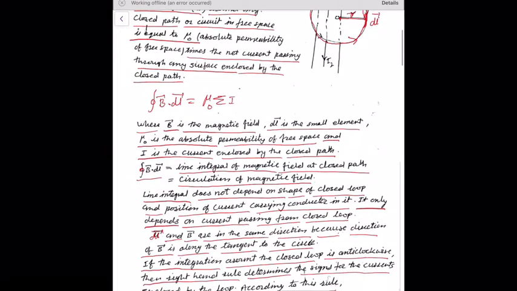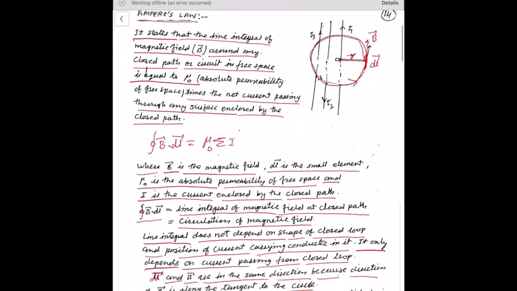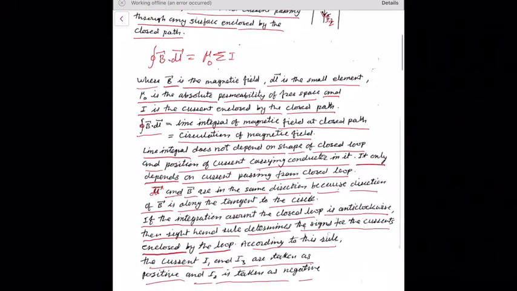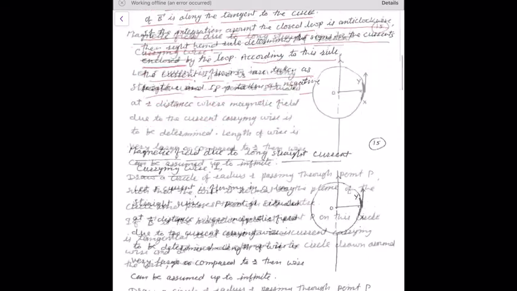According to this rule, the currents I1 and I3 are taken as positive. Here I1, here I3, and I2 is taken as negative. Here I2 is in the downward direction.